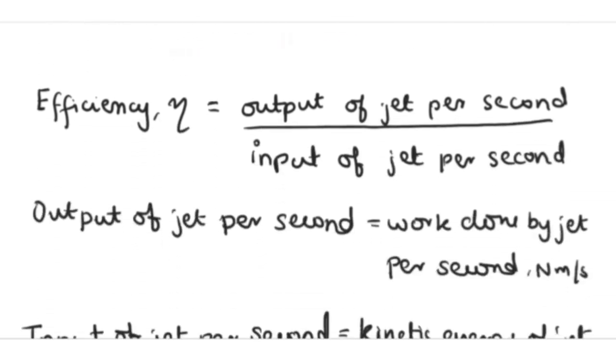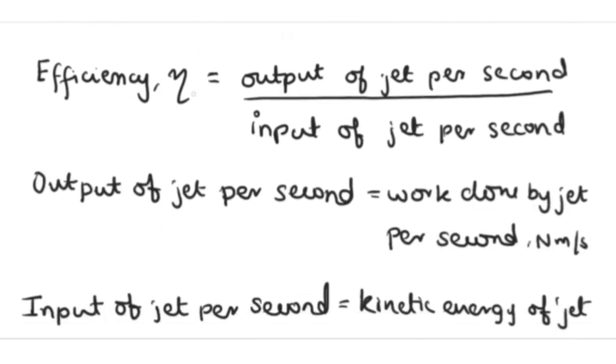Second thing is efficiency. Efficiency is denoted by eta. That is equal to output of jet per second divided by input of jet per second. Output of jet per second is nothing but work done by jet per second, for which we have already derived the equation. The unit will be Newton meter per second.